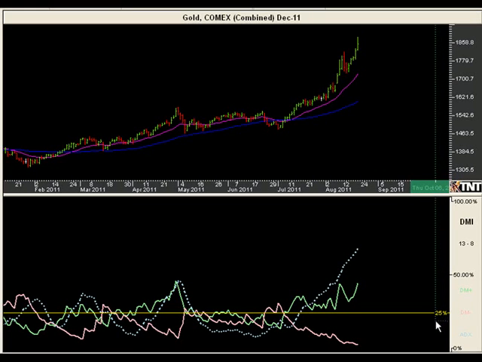Personally, I think 25% is probably a pretty good dividing line. So what this tells you is that so long as the indicators, DMI, ADX, the positive and the negative, are below 25, you have a market that is ranging, a market that is not trending.